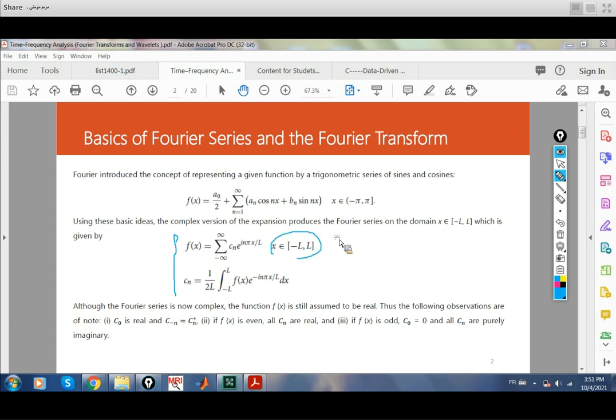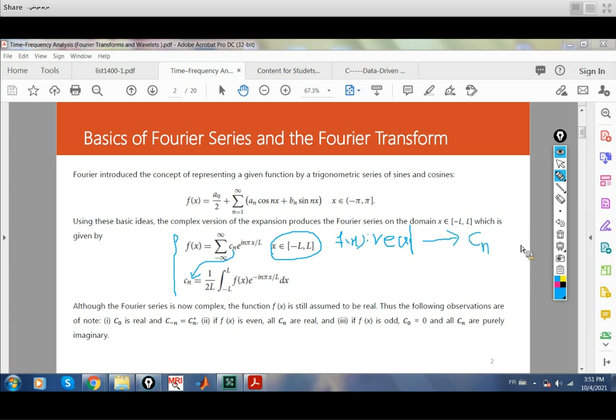We have some properties in this field. For example, if our f(x) was real, then C minus n is equal to the conjugate of Cn.